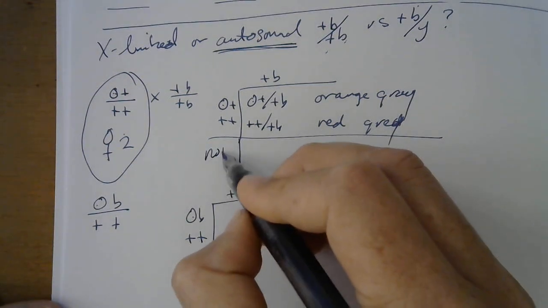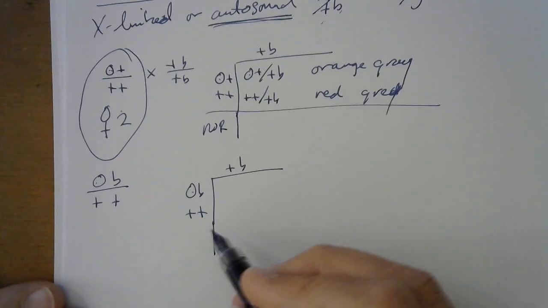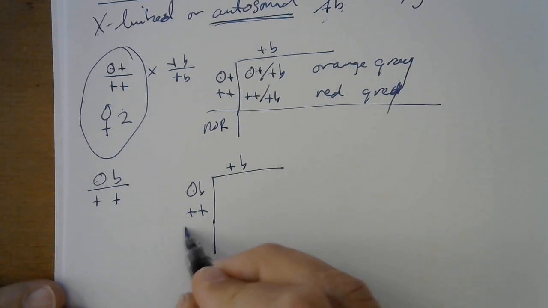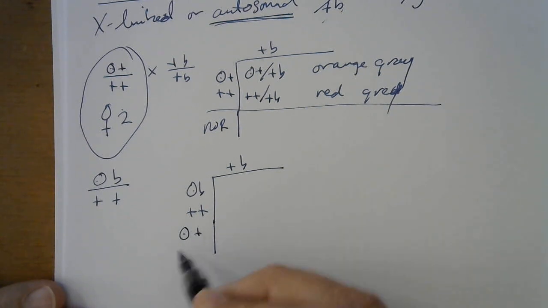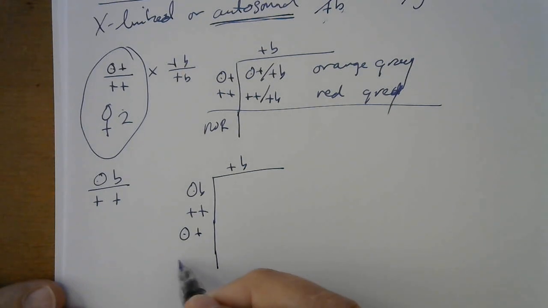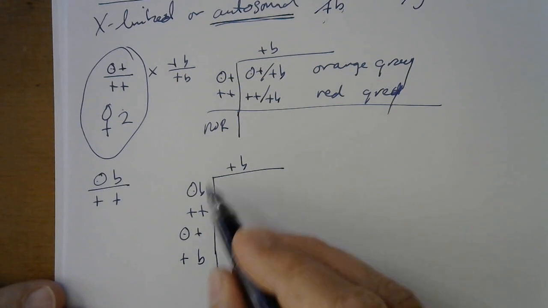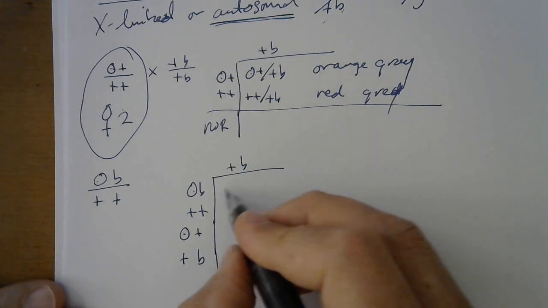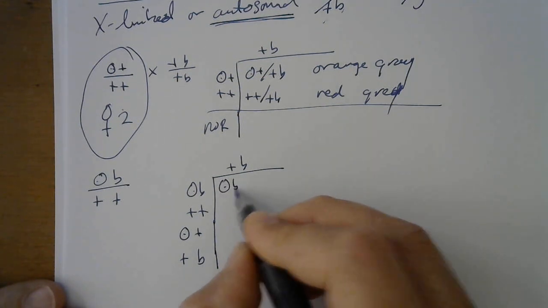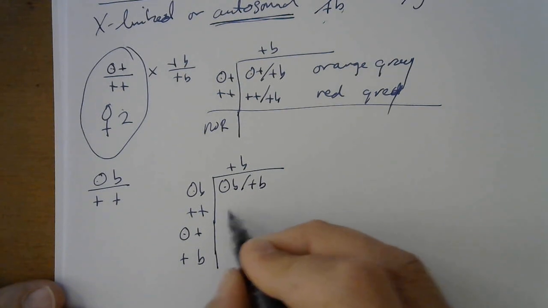So no recombinant in that one. And that means she can make then orange gray, or red with the black. So she would make these in different ratio, and we would see as a result this arrangement.